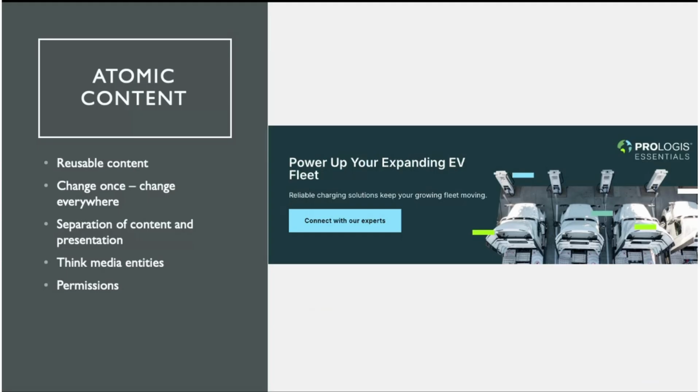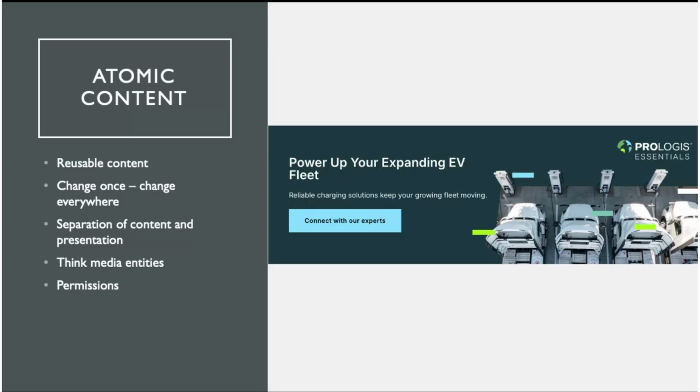So just because we have a blog author doesn't mean we're always going to show that blog author in the same way. We can think of it kind of like media entities, where we have an image, and sometimes that image might be shown with different image styles.